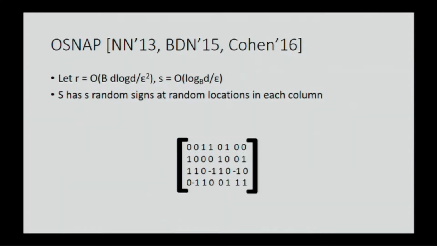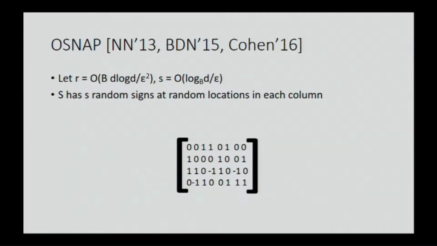Okay, so just to instantiate this for some intuition, if B is d and epsilon is a constant, then this number of non-zeros per column is a constant. And if B is d, this is roughly d squared. Okay, so it's CountSketch on one extreme.